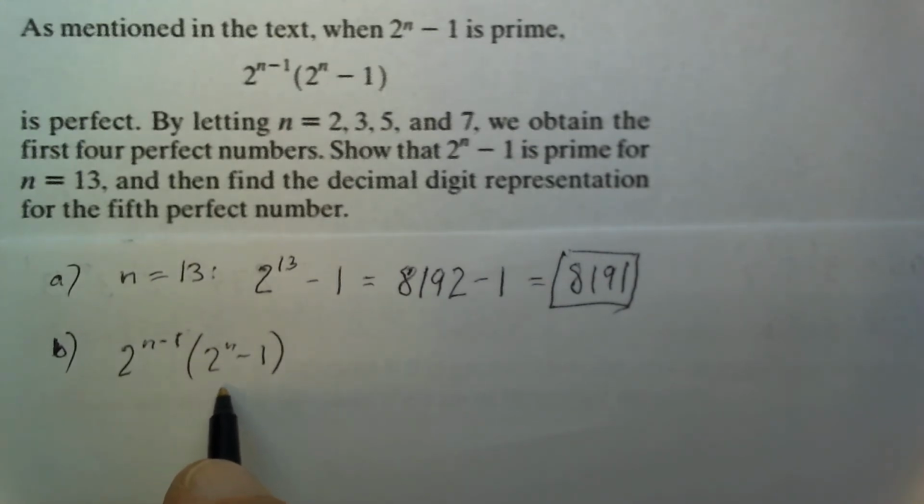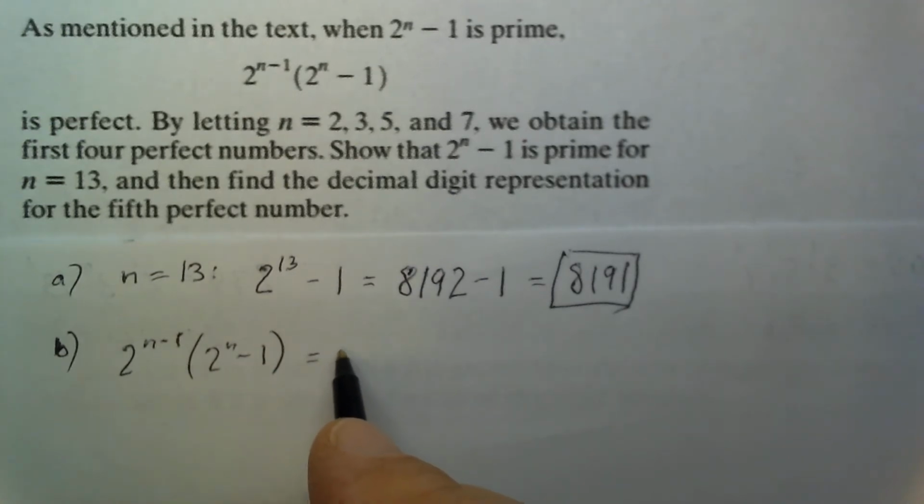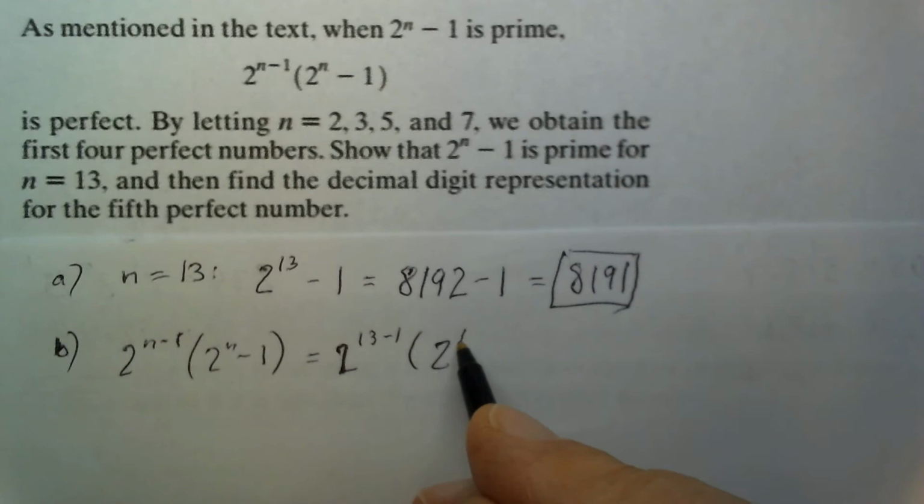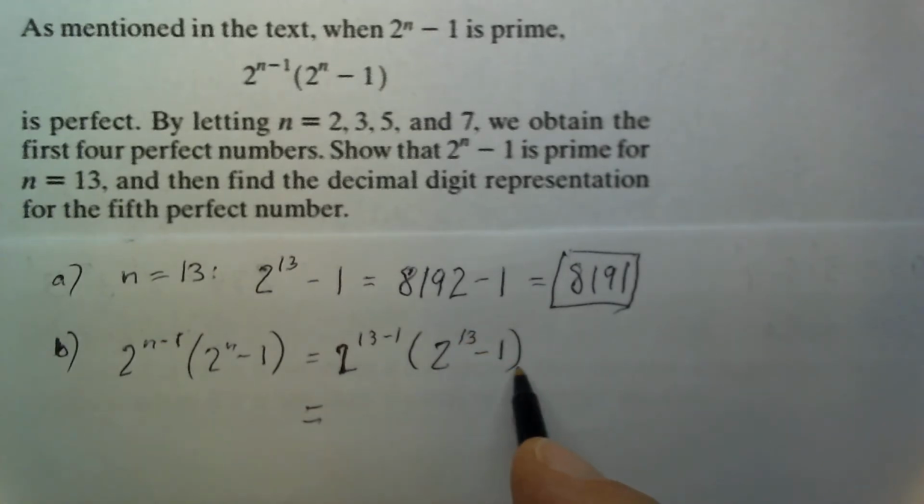So we know that for n equals 13, this is a prime number. So therefore, we would have 2 to the 13 minus 1 times 2 to the 12th. And we already computed 2 to the 13 minus 1. That's 8,191.